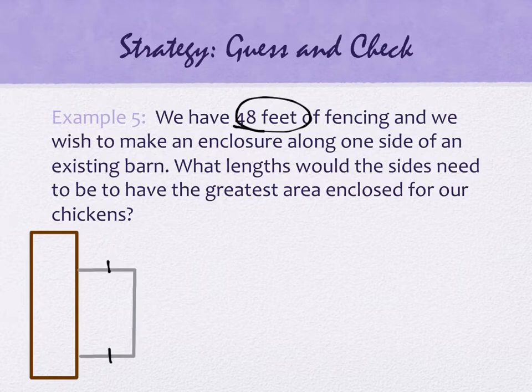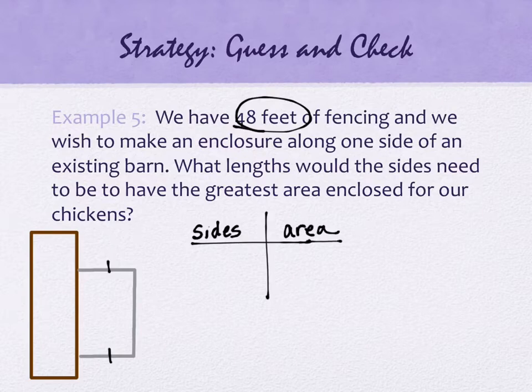So the things that I need to know is I need to know what my side lengths are. And I need to know what the area is. Because the goal is to have the biggest area possible. So remind me what you know. What is the area for a rectangle?